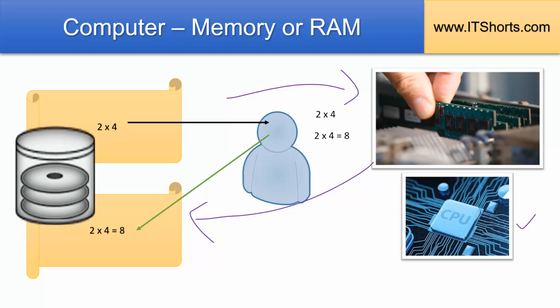So, in the human analogy, our brain does both the functions of the CPU and memory. It is responsible for transferring the data from the paper by reading it into the memory, which itself is part of the brain. Whereas in the computer world, CPU does the processing while RAM, also known as memory, acts as the temporary storage area for calculations.